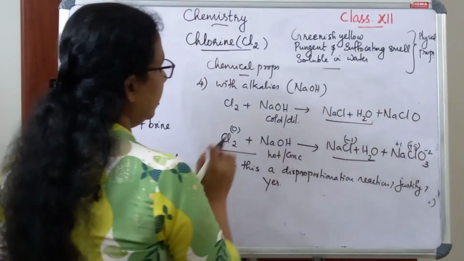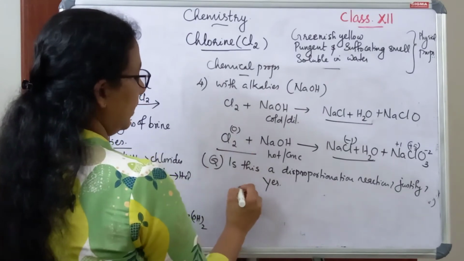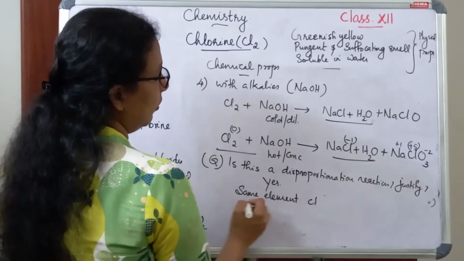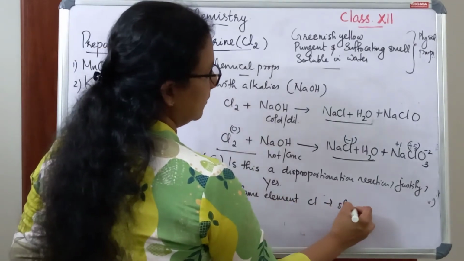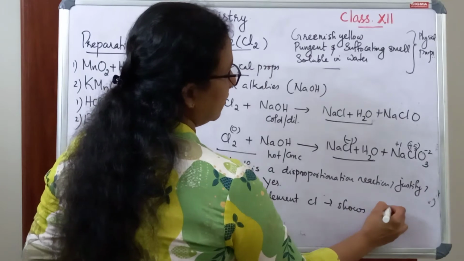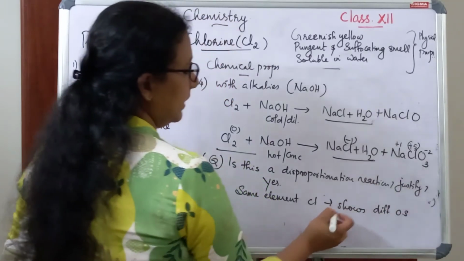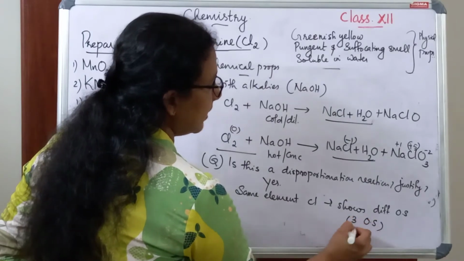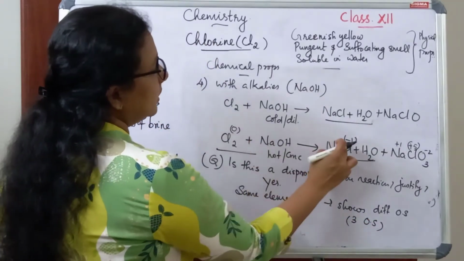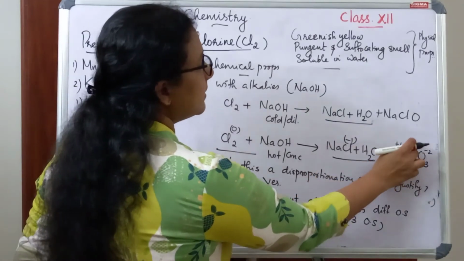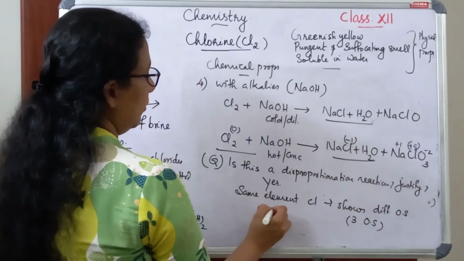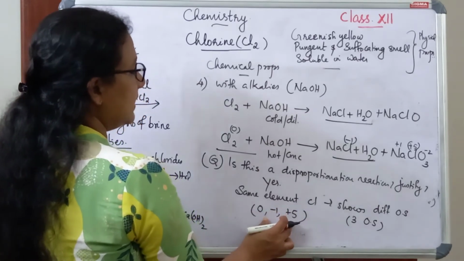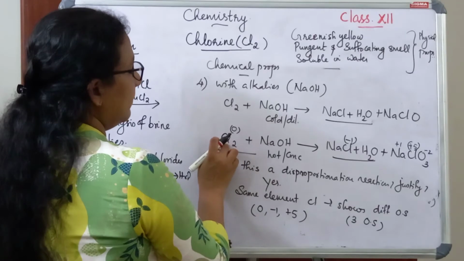So the same element chlorine shows different oxidation states. That means three different oxidation states are seen here: 0, -1 and +5. These are the oxidation states shown by the same element chlorine.